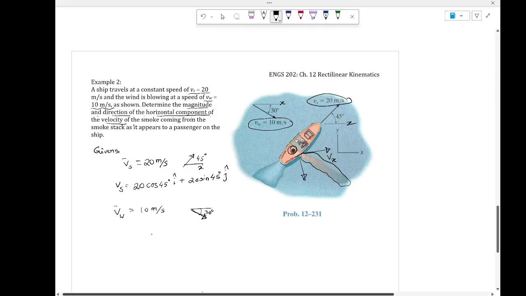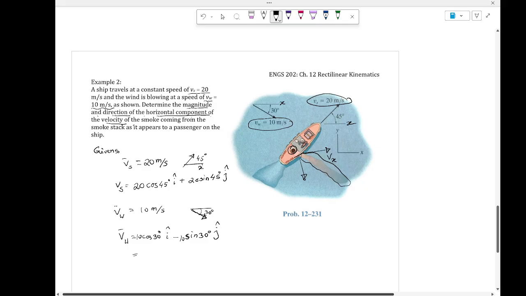So that can be written as cos 30 times VW, which is 10 by the way, or you can write 10 here, i, minus. Why do you have a minus? Anyone? Yeah, it's negative y. sin 30 j.